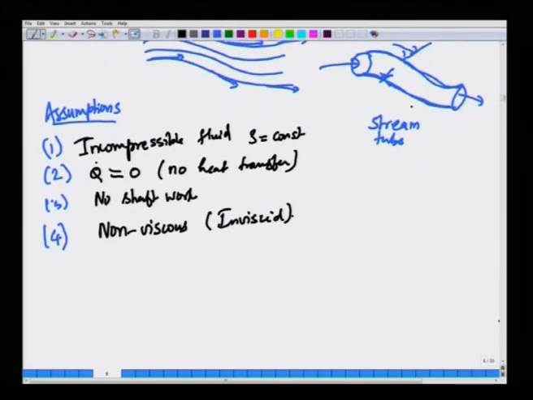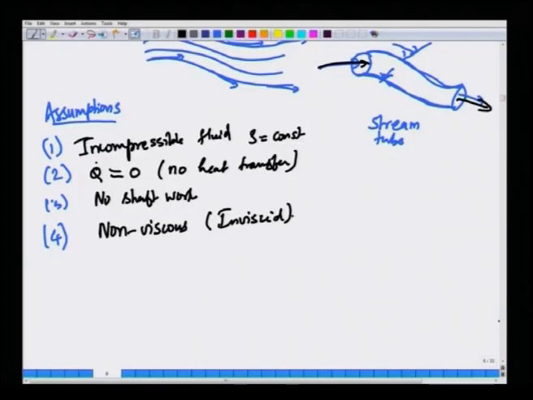A stream tube is essentially a bunch of streamlines that are present in a flow, and we collect a bunch of streamlines and encircle them. Okay. And the stream tube itself, the surface of the stream tube itself is comprised of streamlines. So, there is no flow in or out of the stream tube to the sides. So, it can only come in and go out through the entry and exit. There is no normal flow through the sides of the stream tube. Okay. By definition, the fluid velocity is parallel to the surface, it cannot go perpendicular.